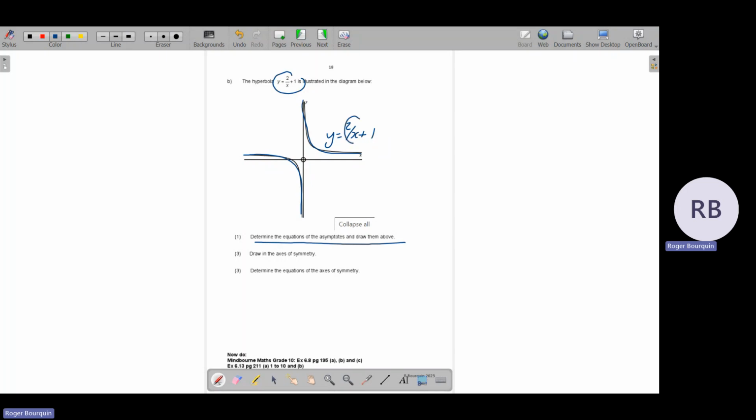What can't x be over here? x cannot be equal to 0, so you can draw in your vertical asymptote, x is equal to 0. And that's moved up by 1, so y is equal to 1 is your horizontal asymptote. So your equations are x is equal to 0 and y is equal to 1.